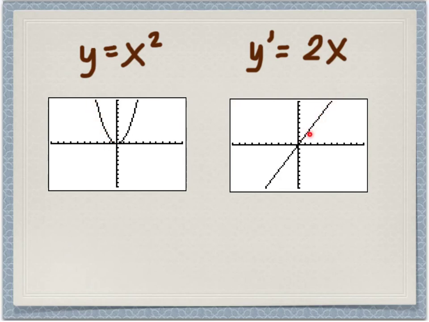And then sure enough, when x is greater than 0 over here, all the positive y values are graphed, and that's when the positive slopes would occur over here. So again, important to start seeing the connection here between the original function and its derivative.